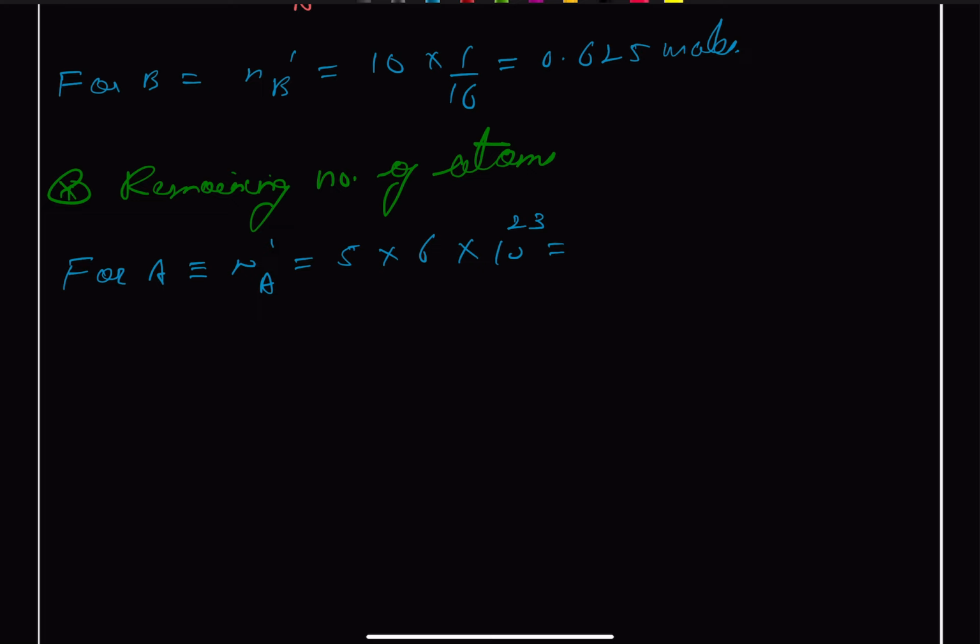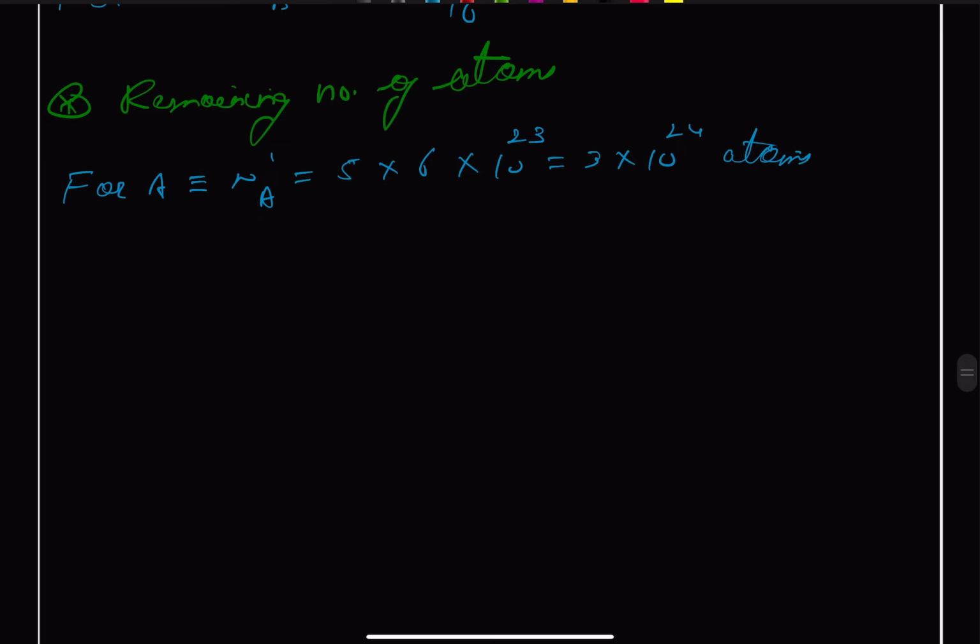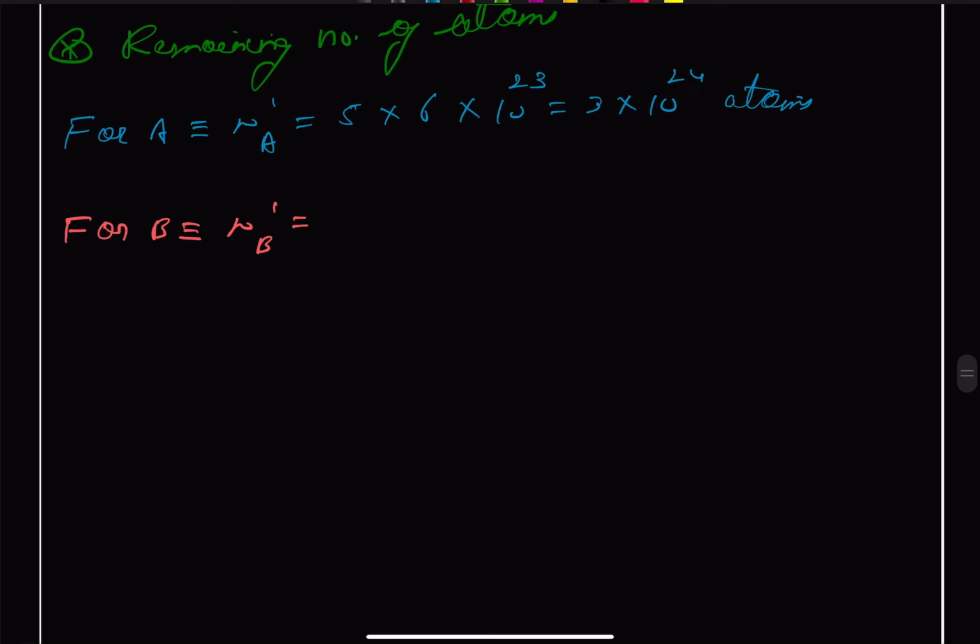This gives us 3 into 10 to the power 24 atoms. And for B, let us call this Nb prime, will be equal to 0.625 multiplied by 6 into 10 to the power 23. This gives us 3.75 into 10 to the power 23 atoms.